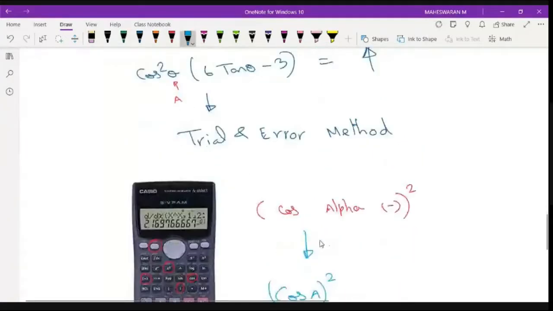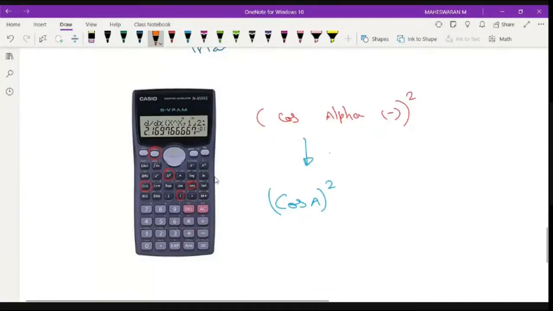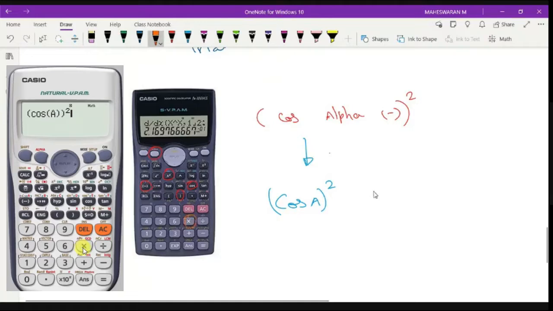Now you press the multiplication button, then open another bracket.